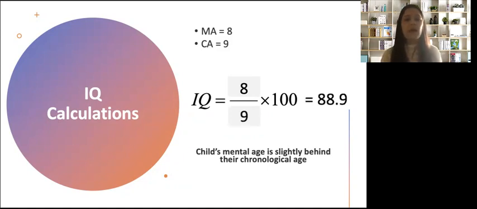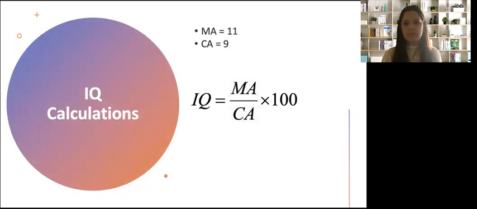Okay, so now you see how we're taking into account not only their mental age, but also their chronological age as well. So it's slightly behind that 100. So 100 is kind of where we want everyone to be. That's sort of like the average score. And then we see how far below or how far above children score. And again, we can account for those who are ahead.